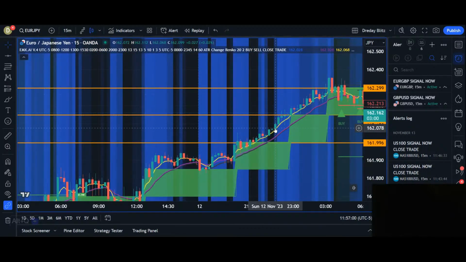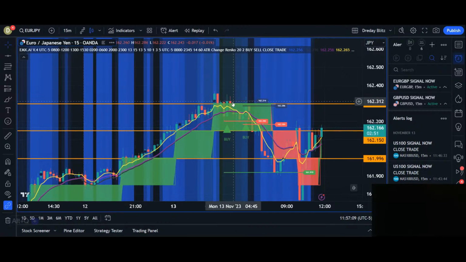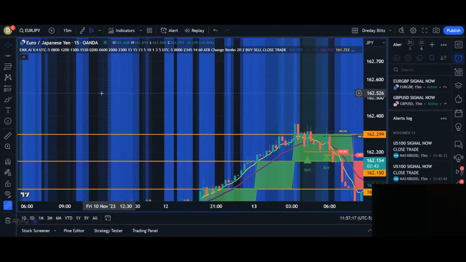When you plot your stop loss here, you should be able to put another line on the previous Renko, then another line at the top of the Renko that you're trading on, and then the next Renko up. You should look at the past for any data of the previous Renko.